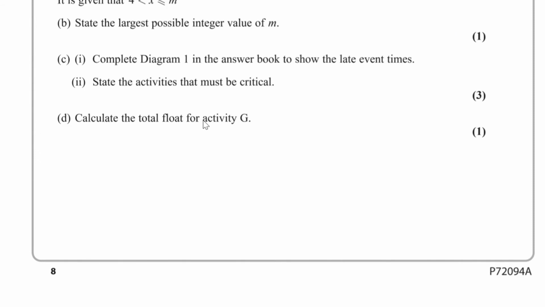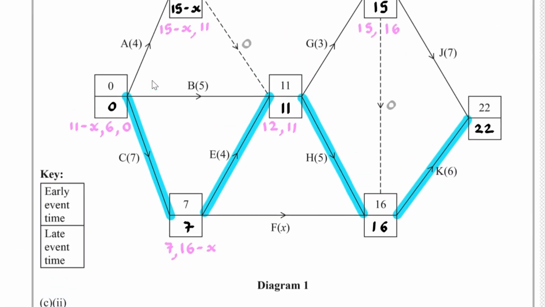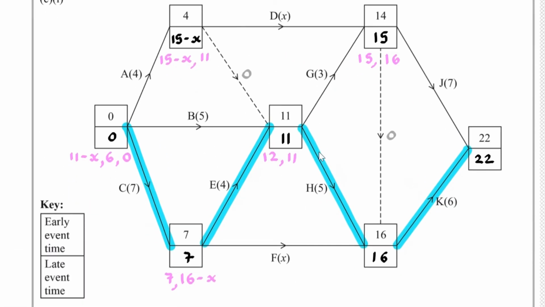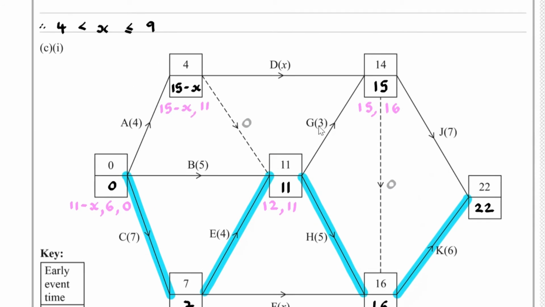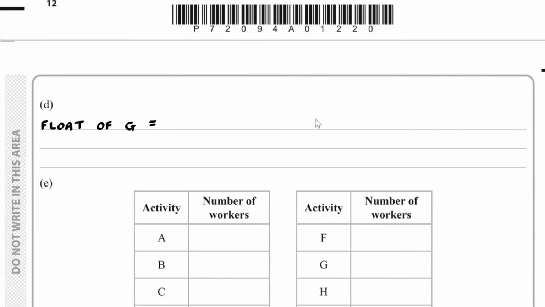For part D of the question, we have to calculate the total float for G. So to calculate the float of G, well, G is over here, so we would have the 15, subtract the 3, subtract the 11.